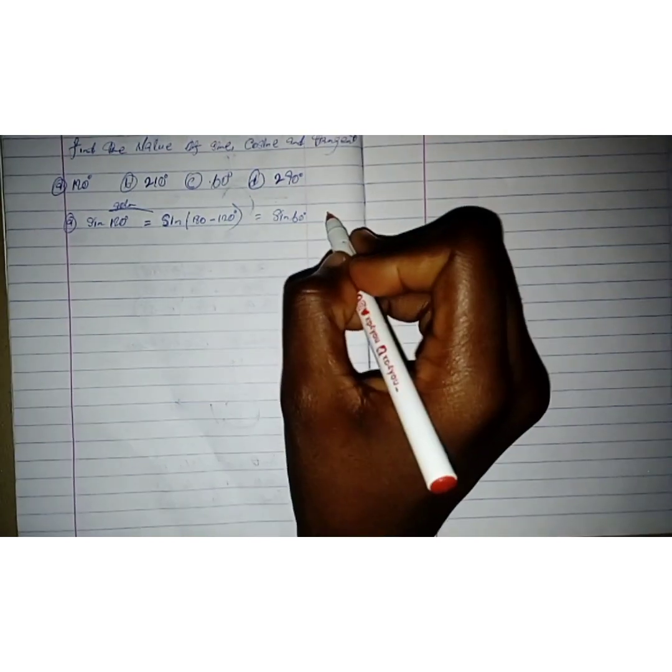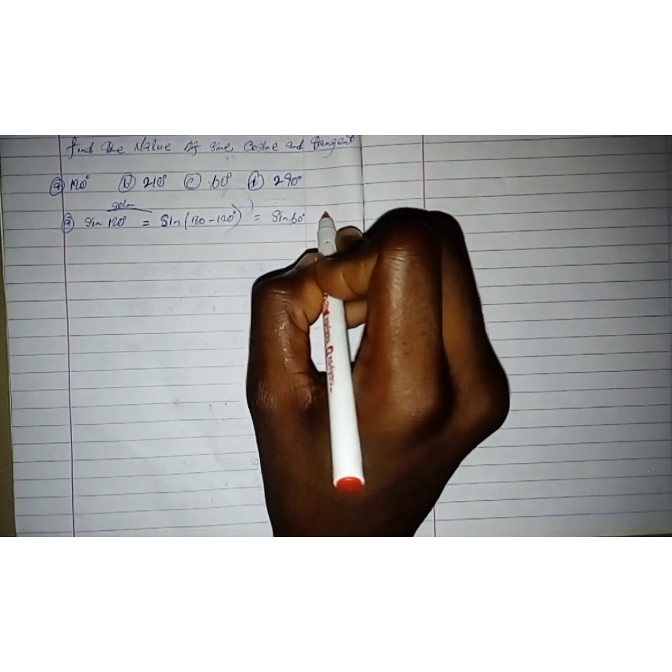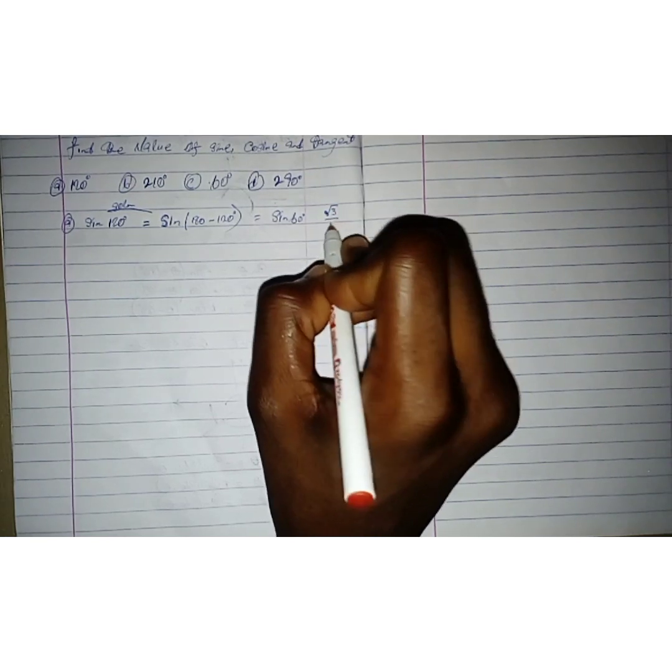If you punch that in your calculator, you should have 0.8 and something, which is just the square root of 3 over 2.